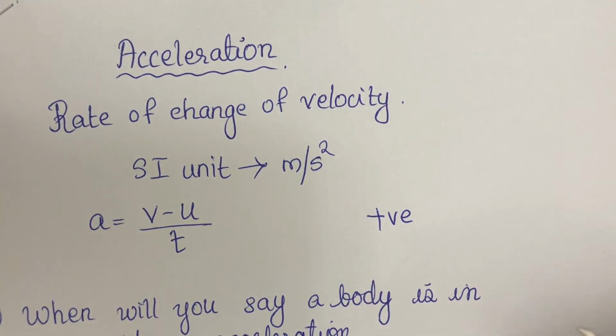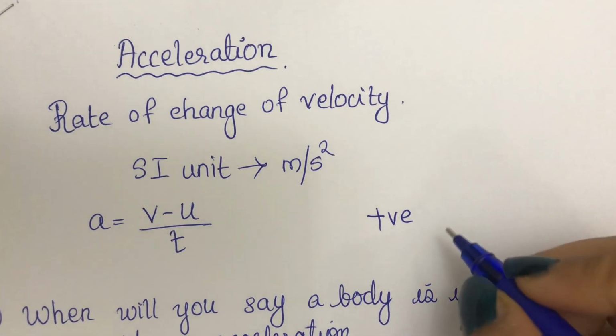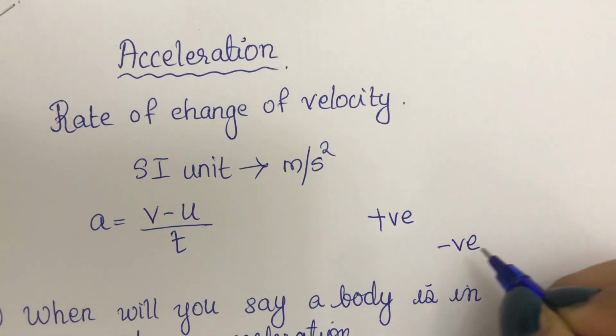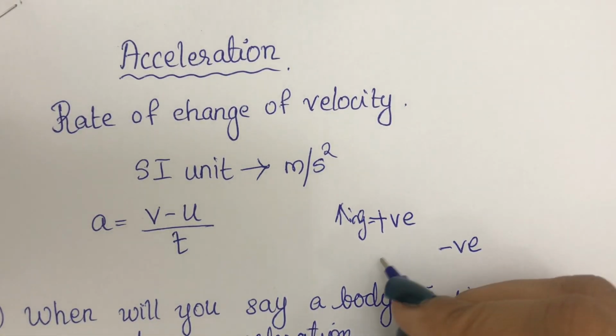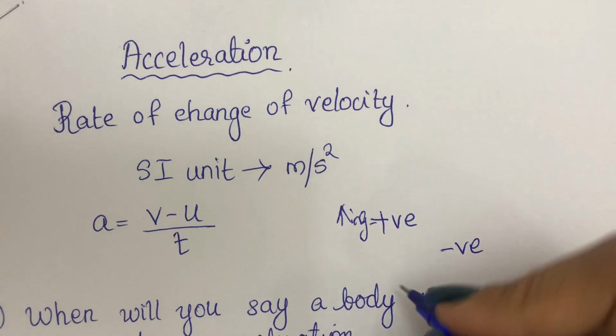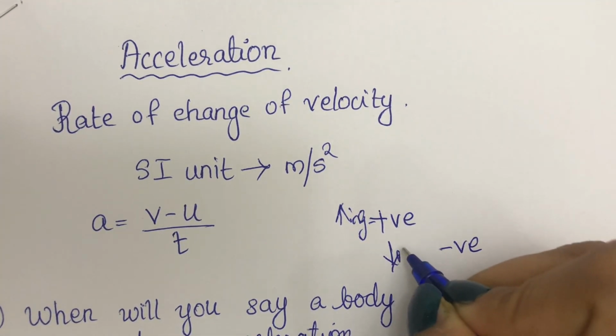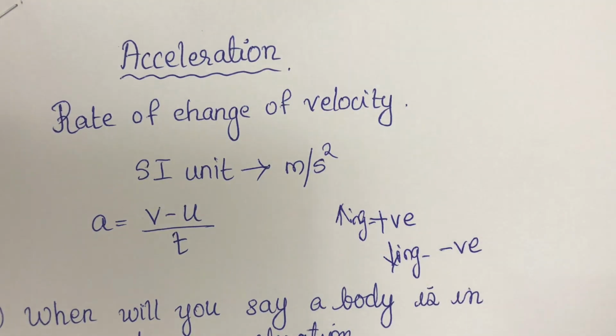And if, for example, we apply brakes and our velocity is decreasing, the acceleration will be negative. If we are increasing the velocity, acceleration will be positive. If we are decreasing the velocity, the acceleration will be negative.